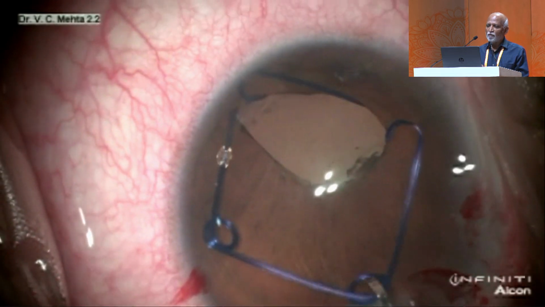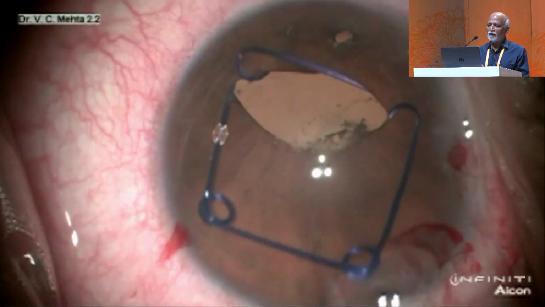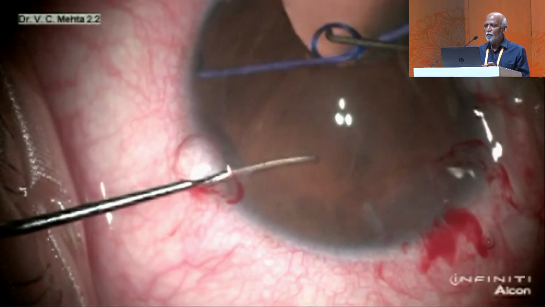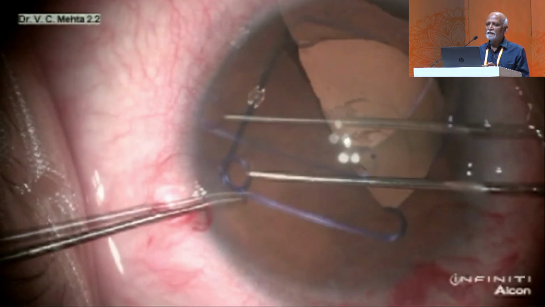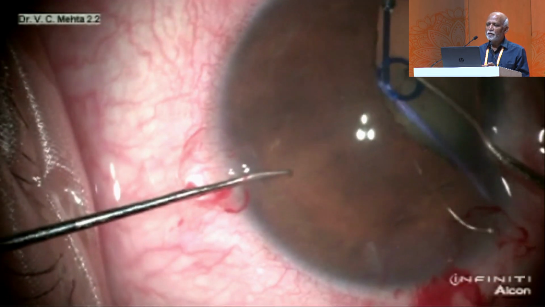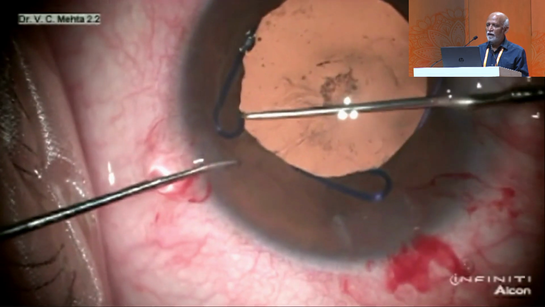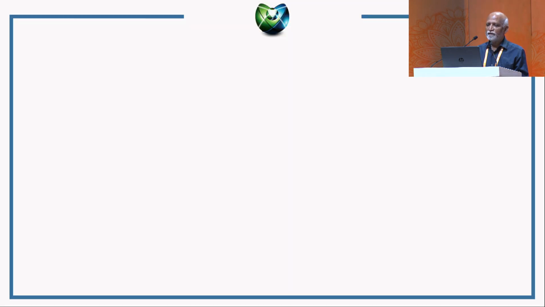From a very small pupil, the pupil expands and makes your life very, very easy. The pupil expanding devices are easier to put in and easier to remove, and it changes the whole management of this small pupil.